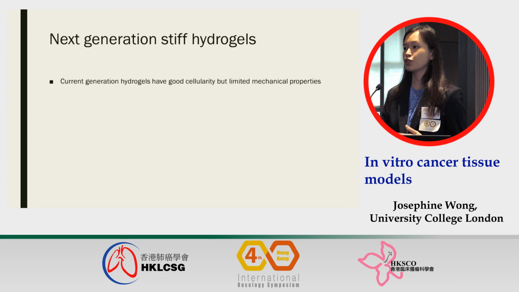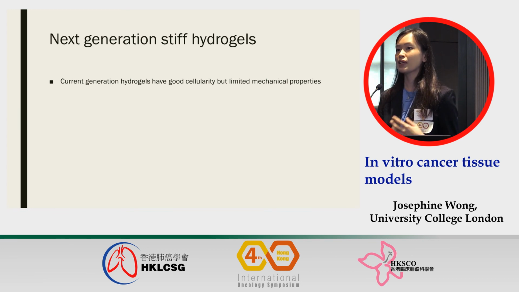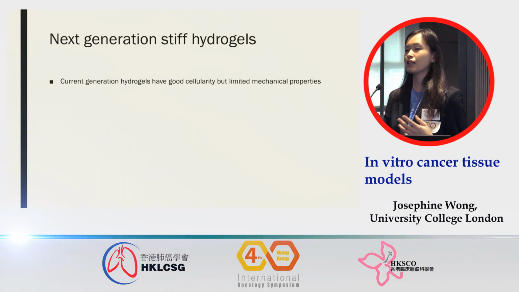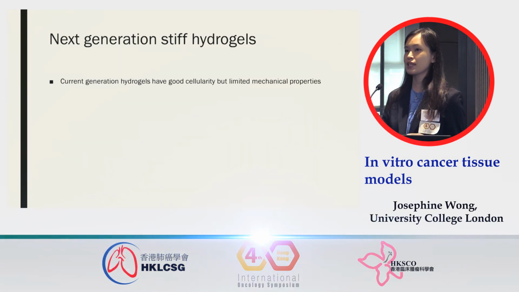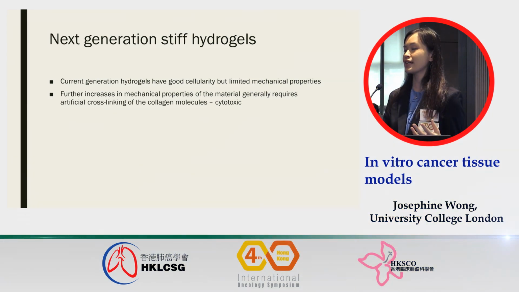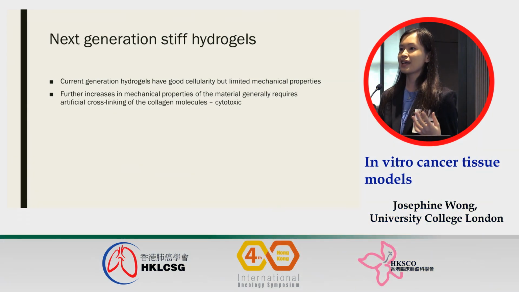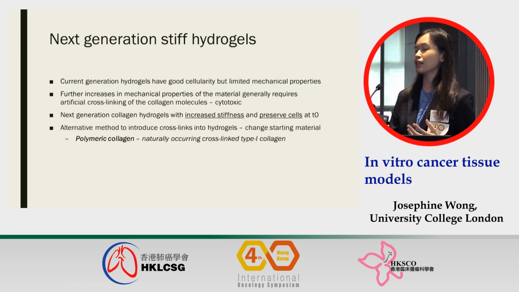So in terms of controlling the extracellular matrix environment, as I mentioned before, previously the hydrogels were lacking in mechanical properties. So in order to generate an even more dense and stiff construct, it is usually necessary to artificially cross-link the collagen scaffolds.